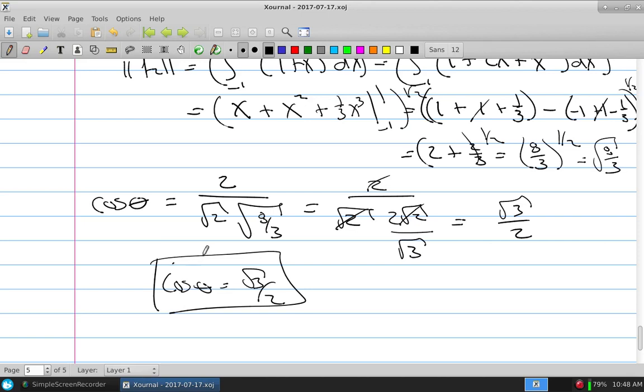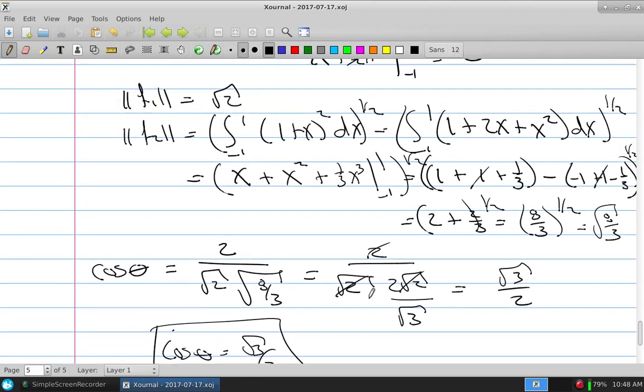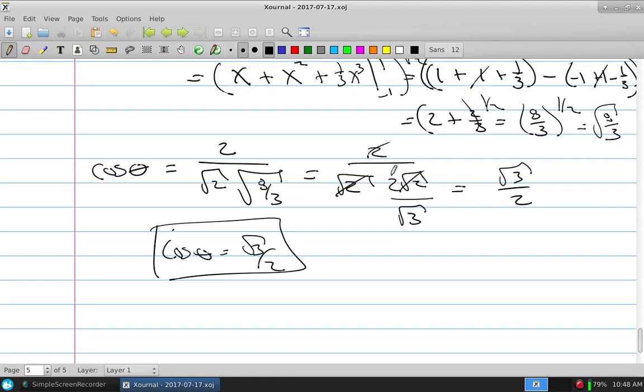For which? This one? Or this is square root of 2 times square root of 2, since this is all over, that's over 1, right? And so that's 2 over 1. Square root of 2 times square root of 2 is 2. And those two with this 2 up above can cancel, right?